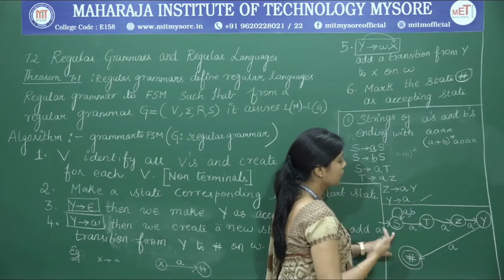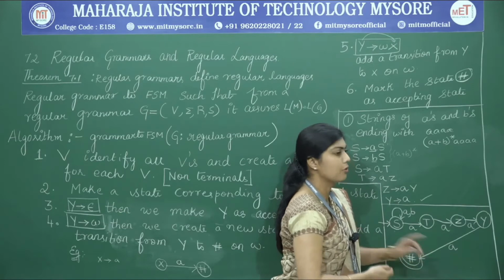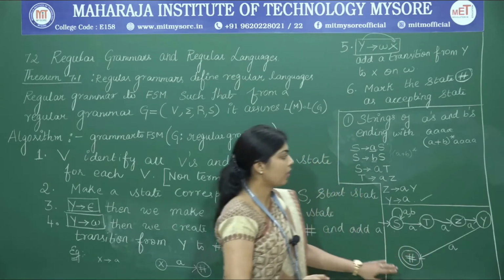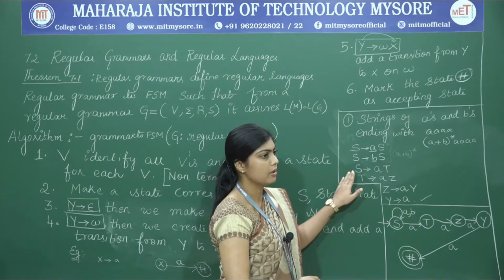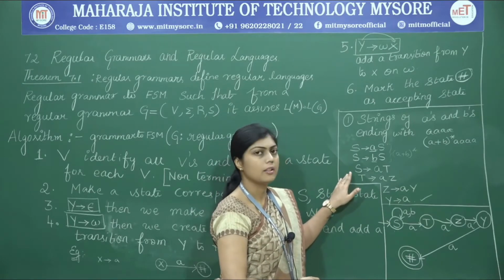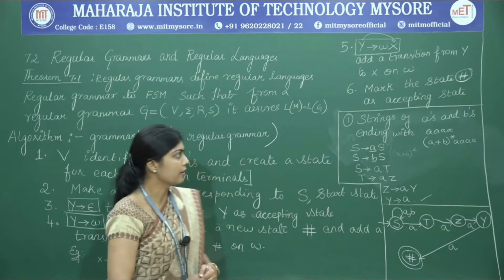So we are always making sure that the string ends with 4 a's. This is what the automata looks like corresponding to the regular grammar that we have written here. We'll see more problems regarding this.